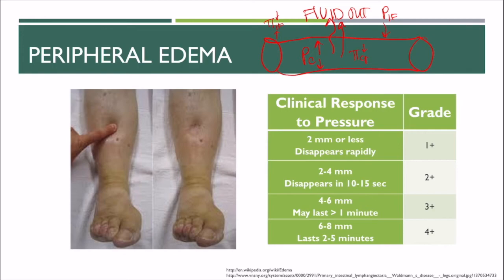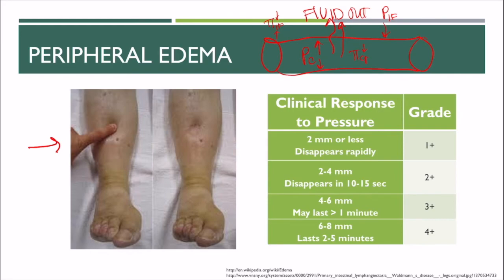So we can assess this fluid by seeing whether or not it pits to pressure. What that means is pitting edema is the ability to displace the fluid with pressure. So with pitting edema, as you can see here, you basically just take your finger and you press into the skin that has the edema. Now, what are we doing when we pit, or when we put that pressure on?